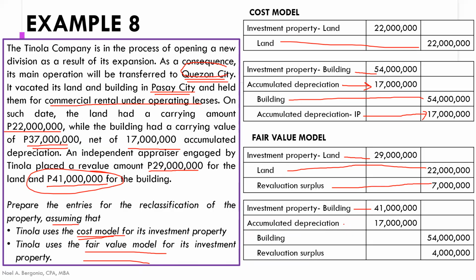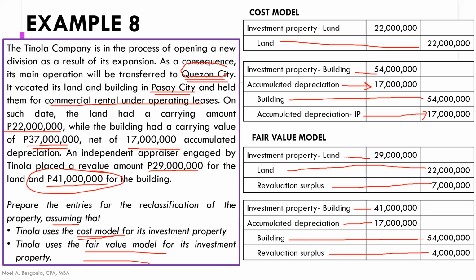Then eliminate or derecognize the building. So debit accumulated depreciation 17 million, then credit the old building na owner occupied na 54 million, and the difference will now be charged as revaluation surplus 4 million. So saan nanggaling yung 4 million?